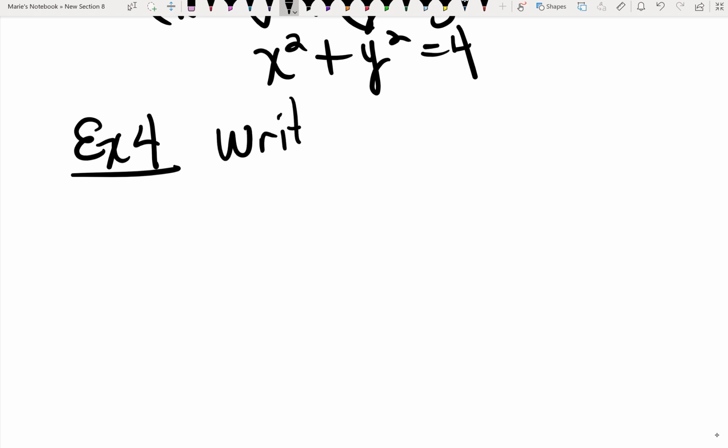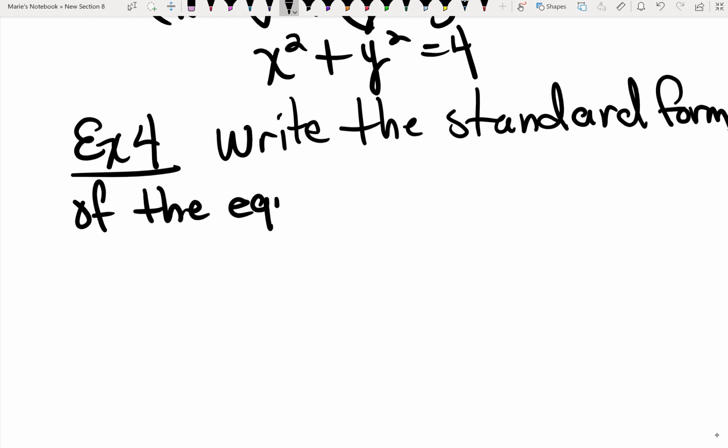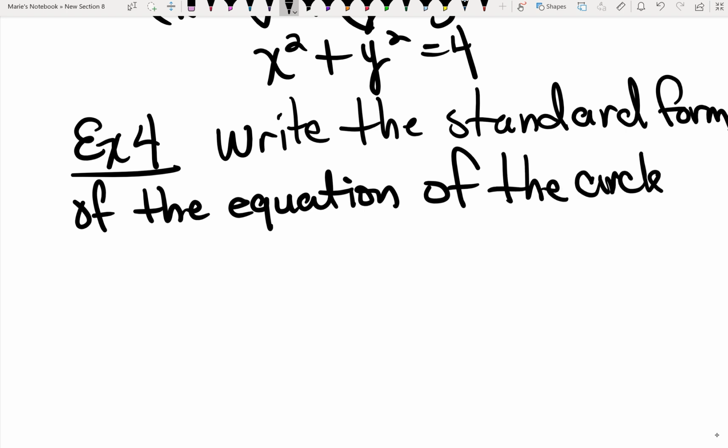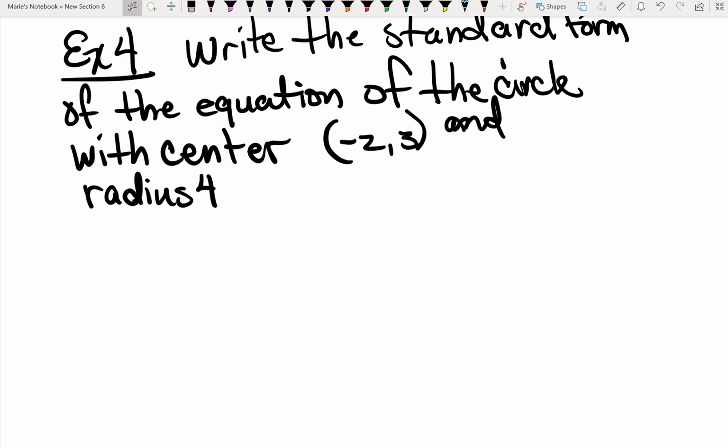So this says write the standard form of the equation of the circle with center -2, 3 and radius 4.